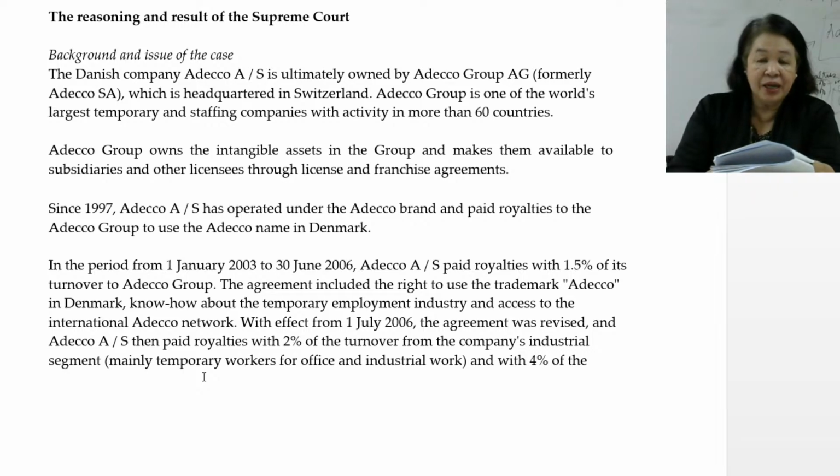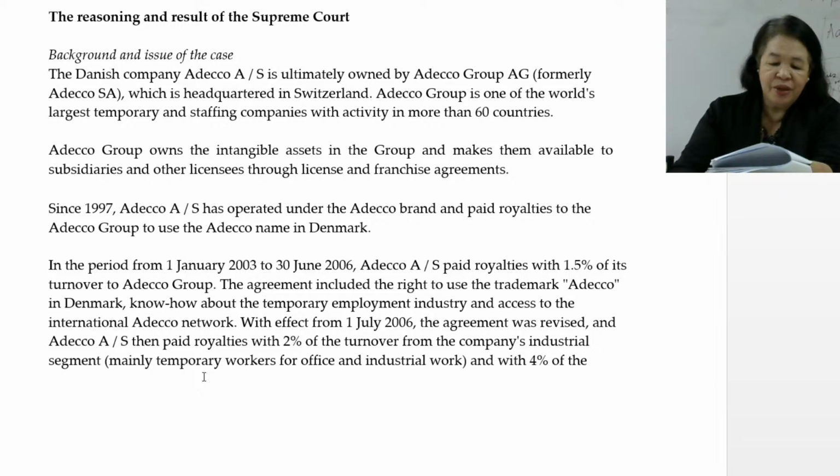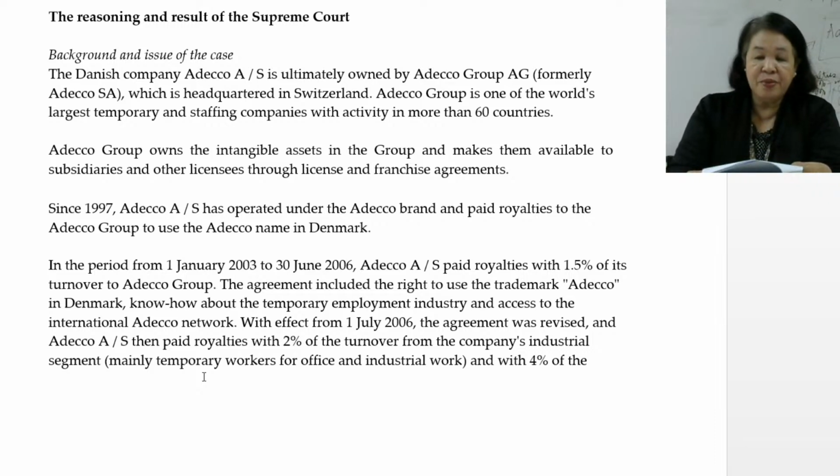And magkano pa? 4% of the turnover from the professional segment, mainly temporary workers with long-term education such as engineers, economists, lawyers, and doctors, no? So pagka ganyan, 4% yung royalty na i-remit ng Adecco Denmark to Adecco Switzerland, no? So from 1.5% naging 2% siya, naging 4%, no?